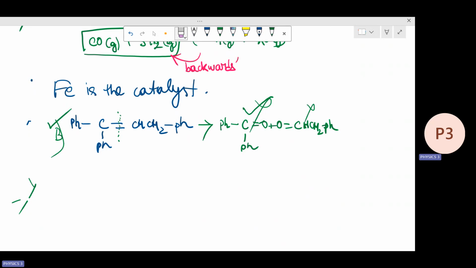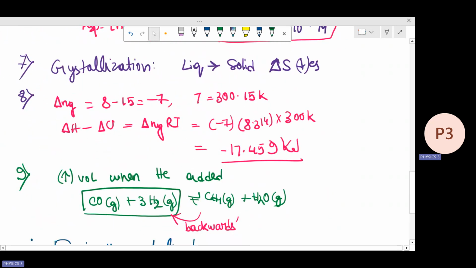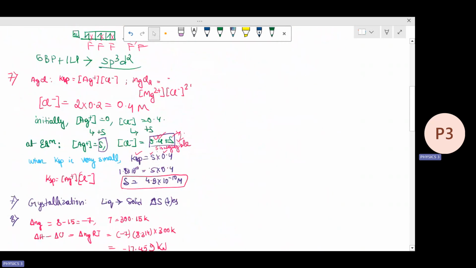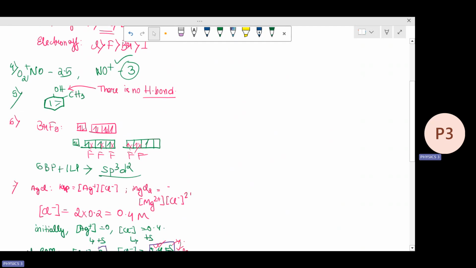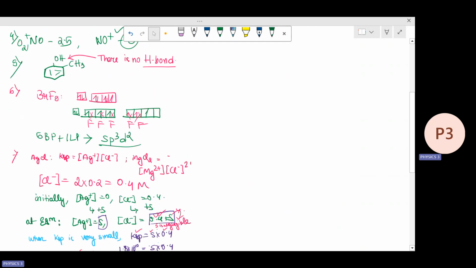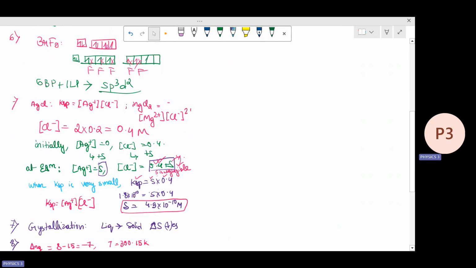This will be 12. This will be 10. So I guess I missed one numbering above it. So 7 we did. No, it was 8. We did 6. We did 7. Orthophosphoric acid also we did. After 5 it was 6, then it was 7, then it was 8.